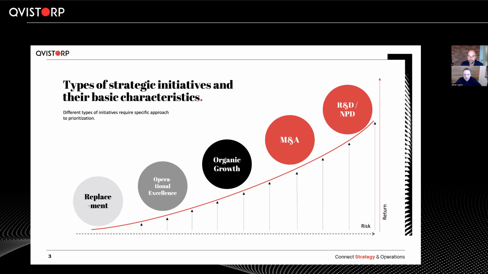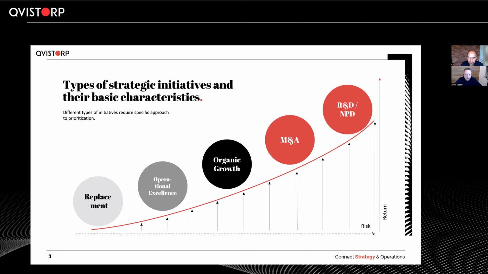Then organic growth are the core investments, increasing your capacity, basically expanding your capabilities. Then we may have mergers and acquisitions, and at the end, research and development or new product development, or even higher on this curve, research and technology.